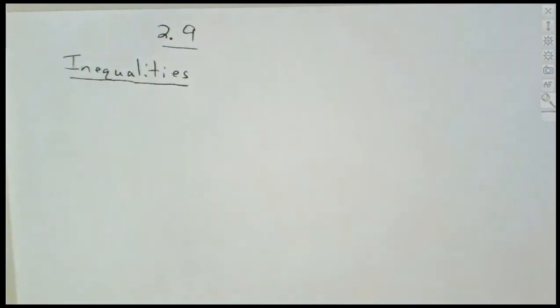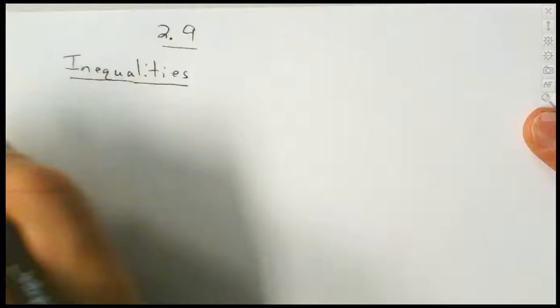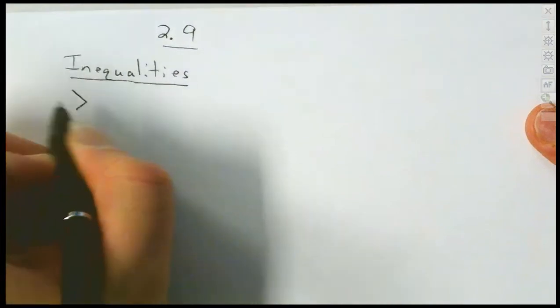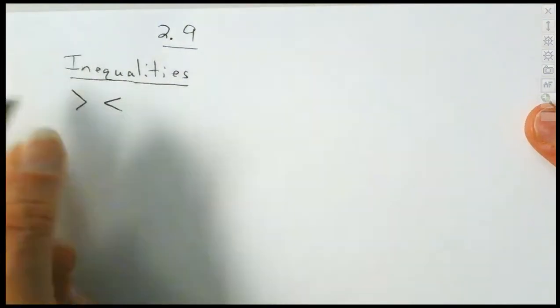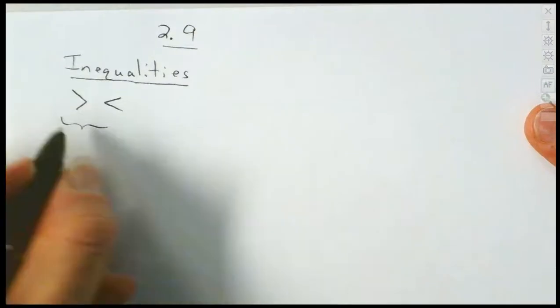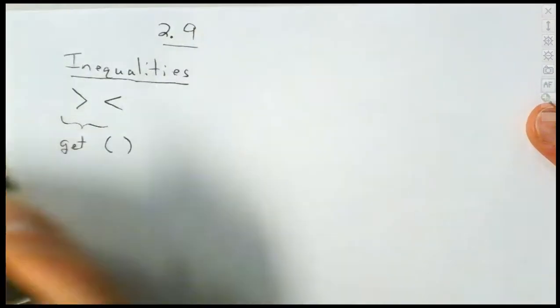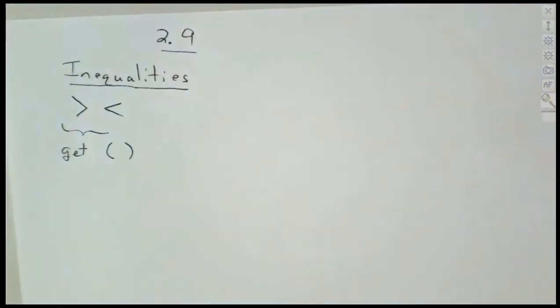We're first going to learn how to graph these and then how to write our answer in what's called interval notation. So when we go to graph these on a number line, strictly greater than, strictly less than, these are going to get parentheses.